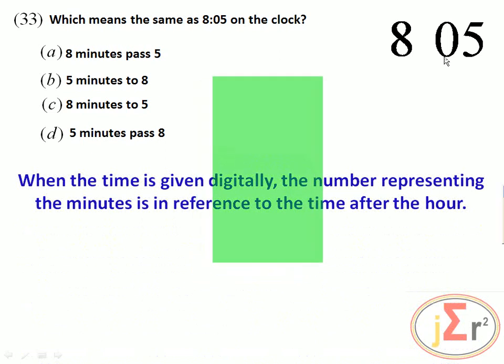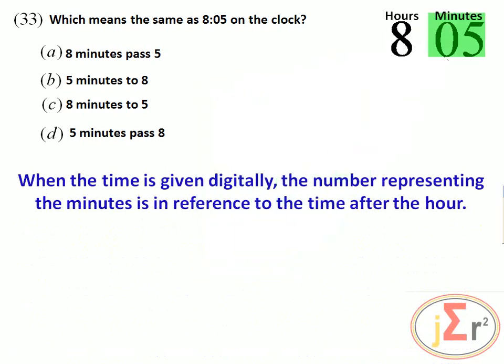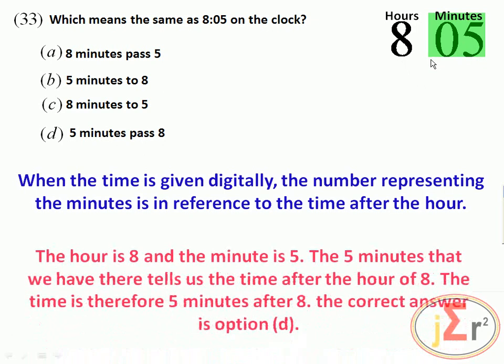So when the time is given digitally, the number representing the minutes is in reference to the time after the hour. So the first number before this is in reference to the hour, and over here is in reference to the minutes. And it is usually minutes after the hour.